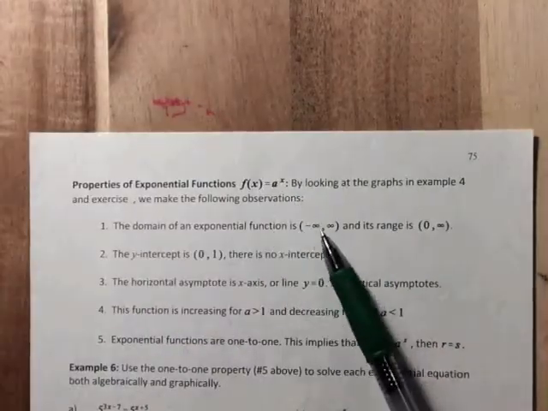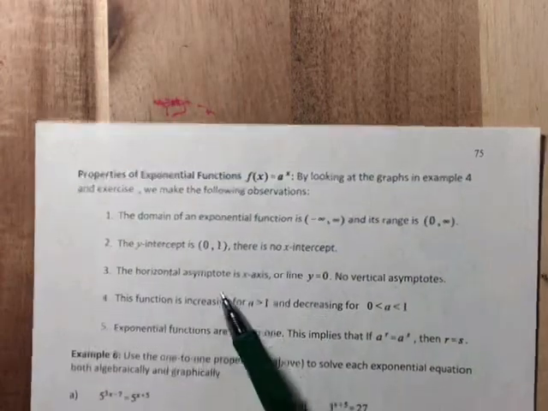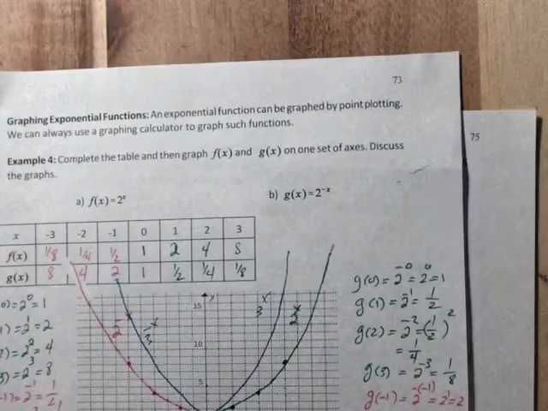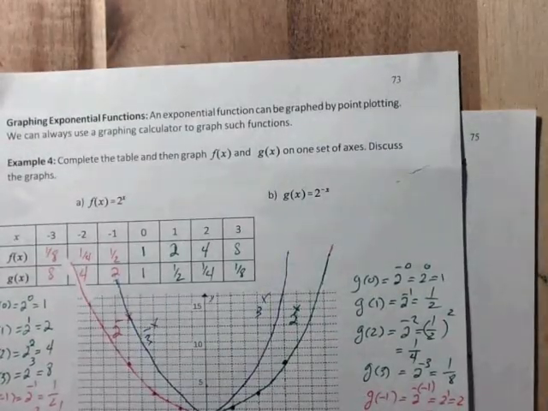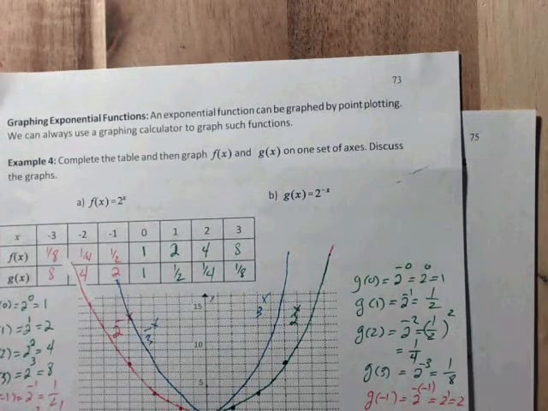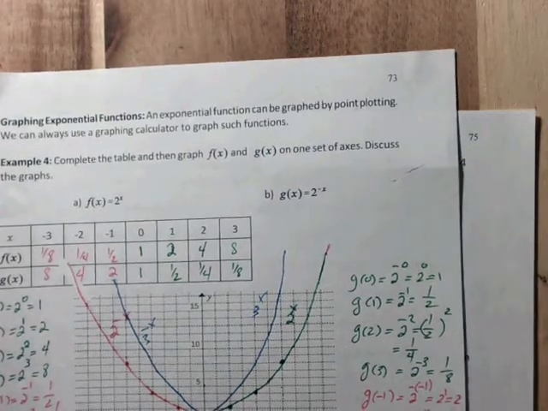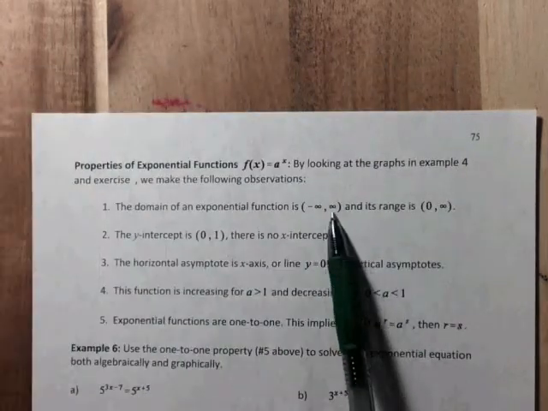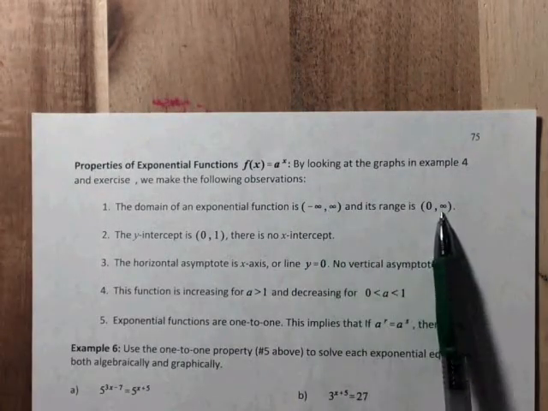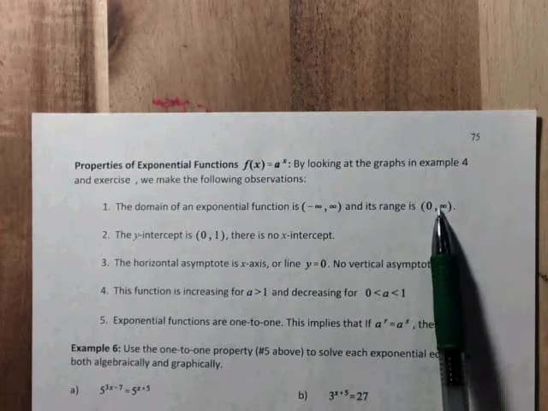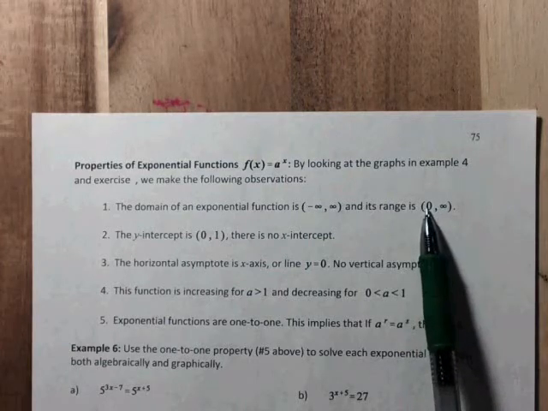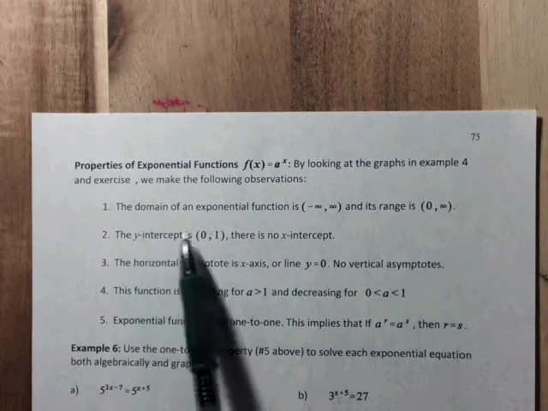Domain is minus infinity to infinity, range 0 to infinity. You see, because you don't go below the x-axis, negative y values are not attained. You can use any x values. So the domain is the real line, and the range is just a half line. 0 is not included.